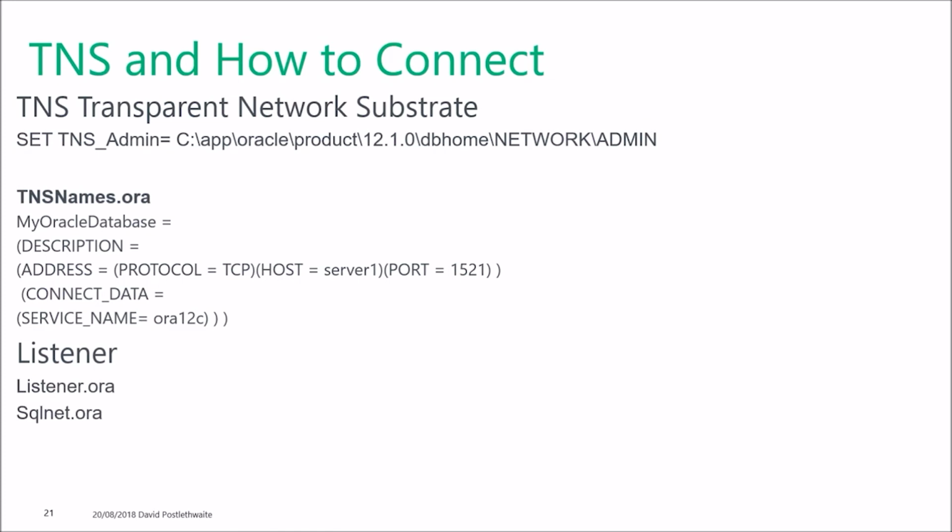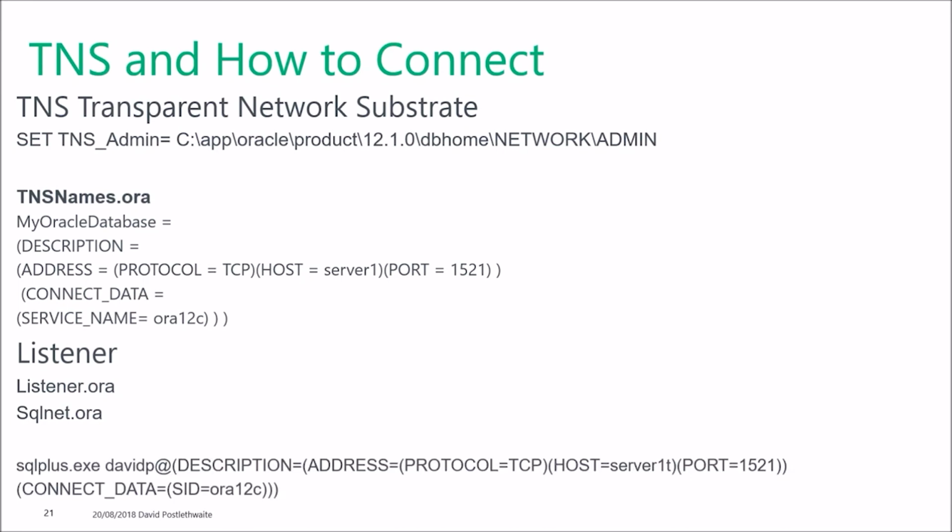There is also another file called sqlnet.ora on both client and server, and this will hold configuration information such as tracing options and encryption. If you don't have a tnsnames file, it's still possible to connect to an instance by putting the connection string on one line, such as something like this. There are other ways to connect to an Oracle instance, but this is definitely the most common way to do it.